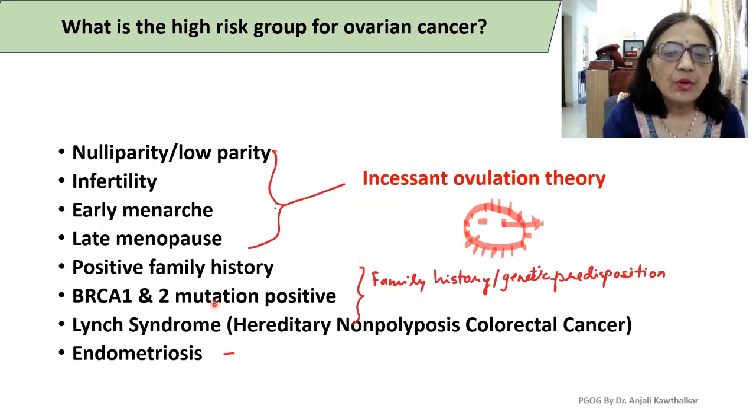Positive family history or genetic mutations, BRCA1, BRCA2 gene mutation positive women, are also at greater risk for the development of ovarian cancer.